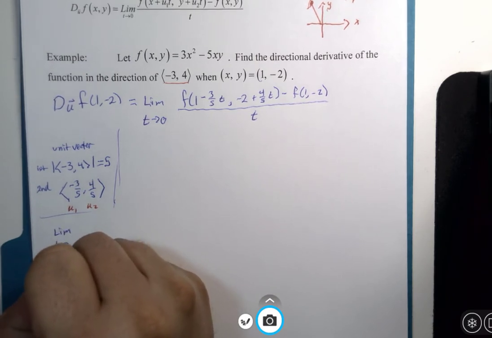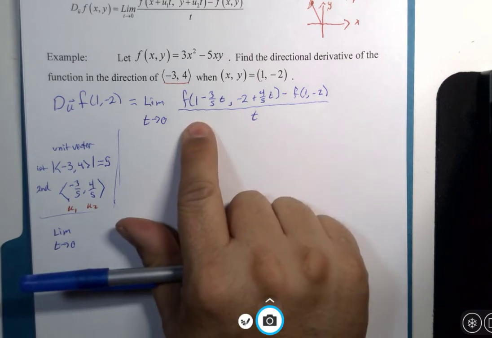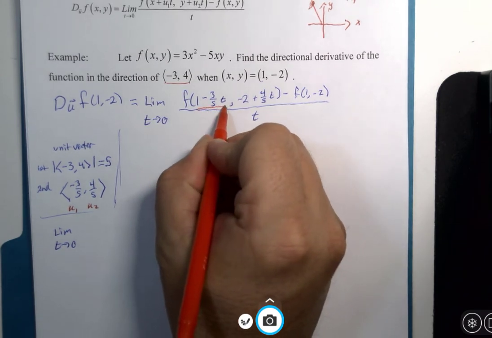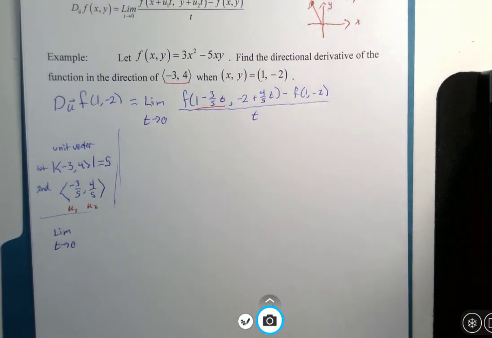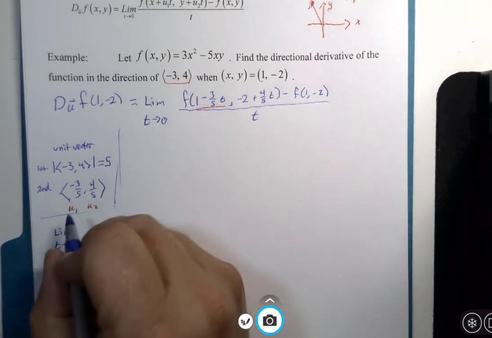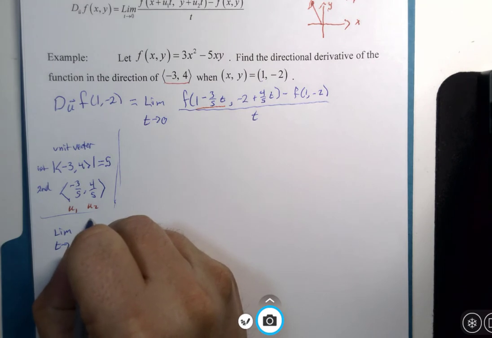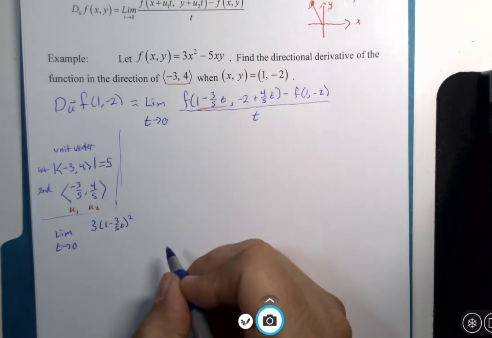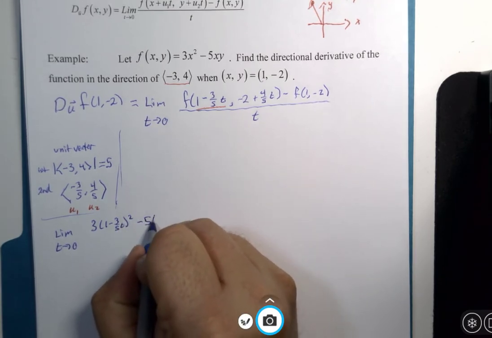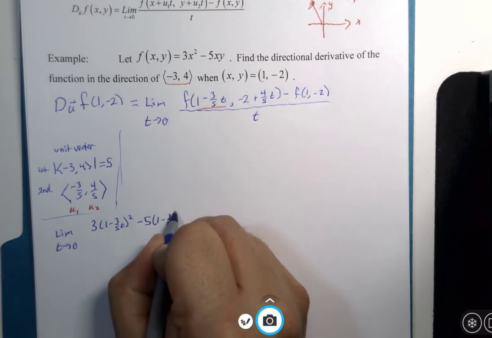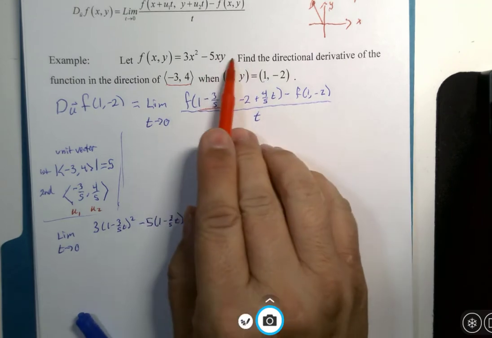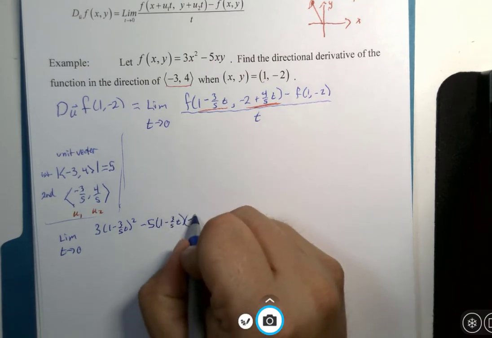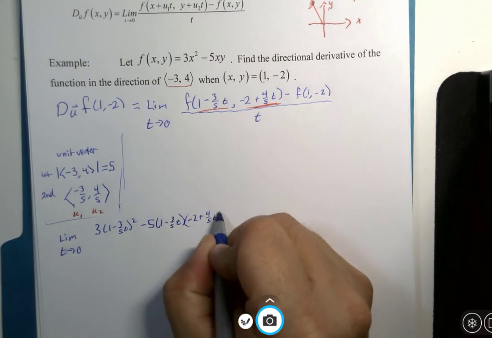Limit t approaches 0. If every x component is 1 minus 3/5 t, and I substitute, or quote plug, it into my function, I will get in the numerator here (1 minus 3/5 t) squared minus 5 times (1 minus 3/5 t), and the y value that's right here is negative 2 plus 4/5 t, times (negative 2 plus 4/5 t).